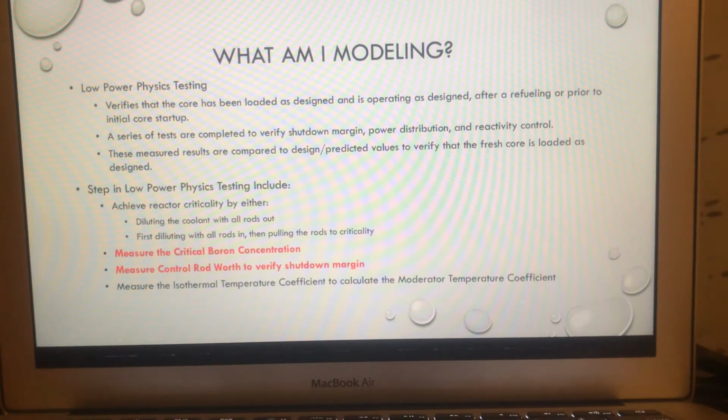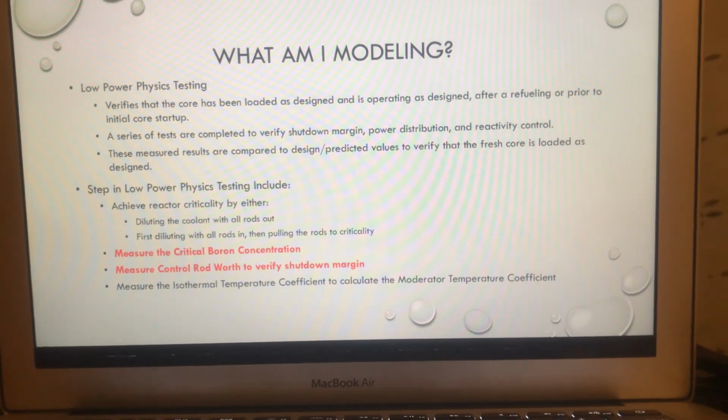Basically, the most equivalent to my model would be a bank dilution, where you have all of your control rods out of the core, and then you slowly step in whatever bank you want to measure while diluting the boron out.